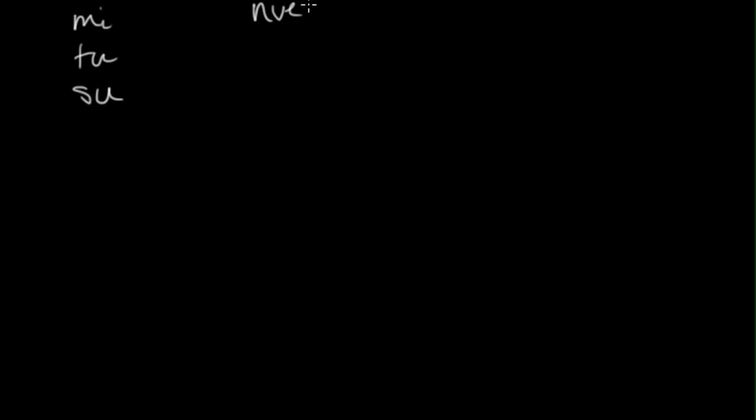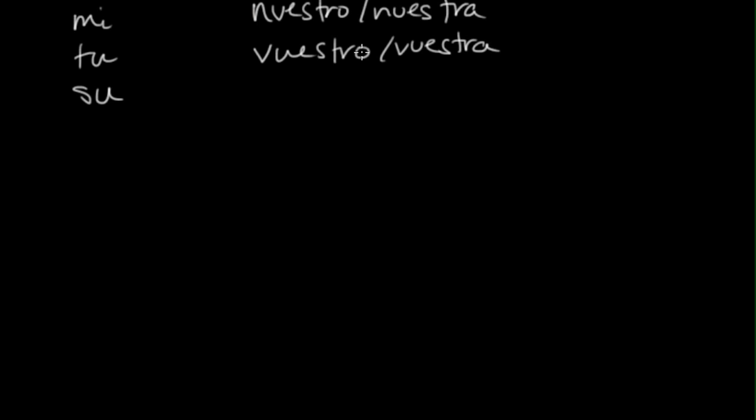Our is nuestro or nuestra, and we'll talk about the difference between these two in a second. Your plural, so for vosotros, would be vuestro or vuestra. And finally, theirs or yours, as in ustedes, would be su again.